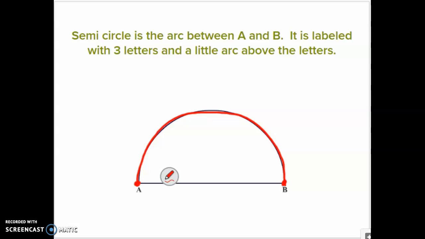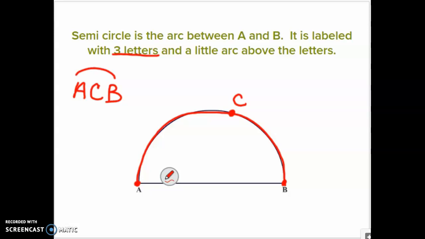Now, we always label semicircles with three letters. I'm just going to add a letter in here, because it didn't have one. If I wanted to label this arc, just like how we labeled parallel lines, perpendiculars, and angles, sometimes you might have to write them down. We would say A, C, B, and put an arc above it, like that.